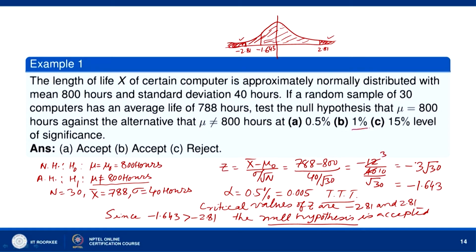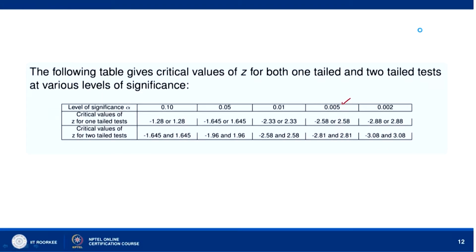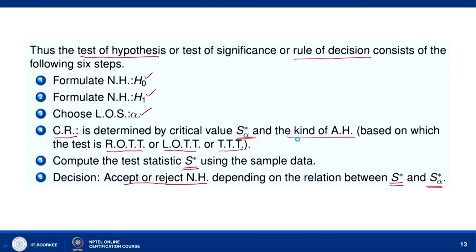Now when alpha is equal to 1%, what happens? Let us see. Alpha equal to 1% means alpha equal to 0.01. Then the critical values of Z are minus 2.58 and plus 2.58.